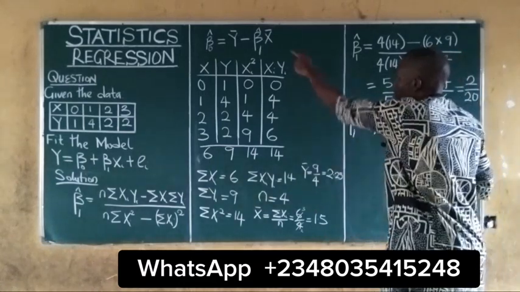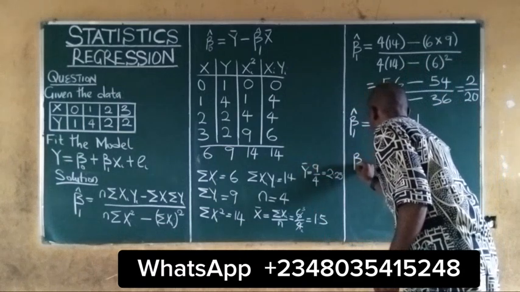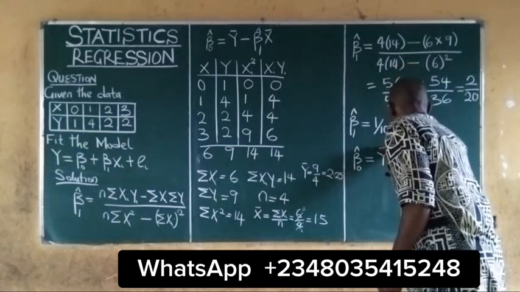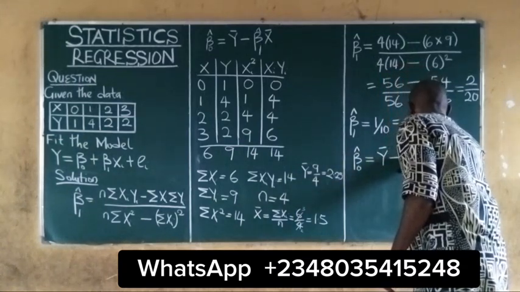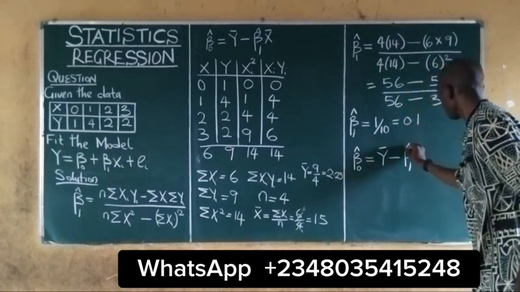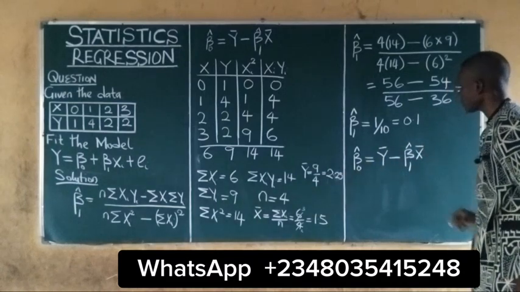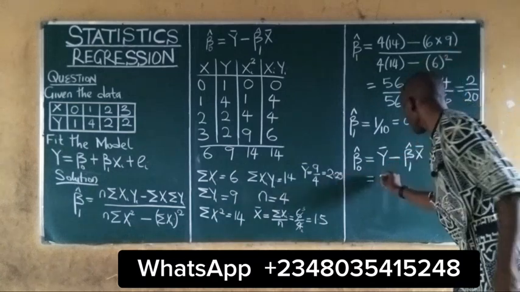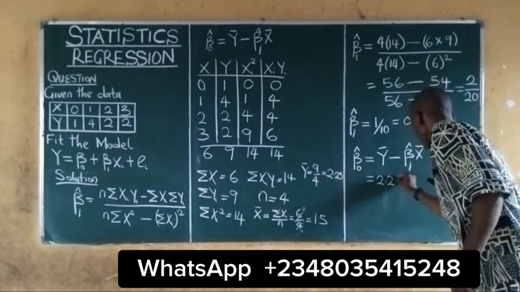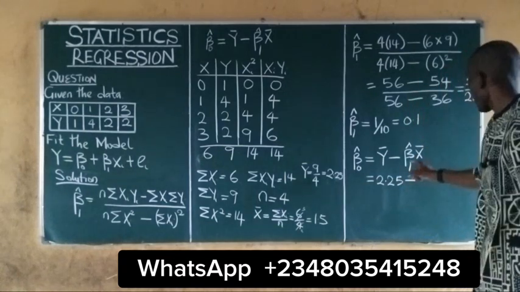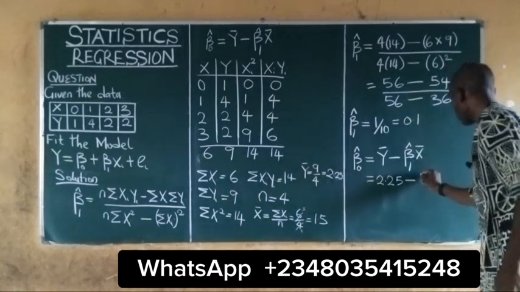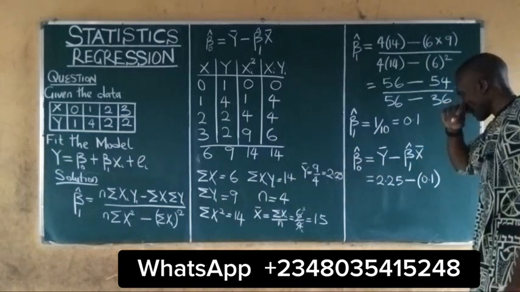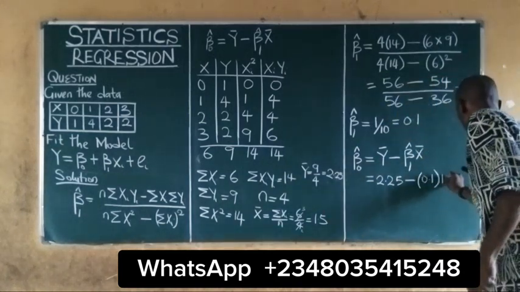We also have that our B naught is equal to y bar minus B1 estimate times x bar. We have our y bar to be 2.25 minus our B1. We've gotten B1 to be 0.1, and our x bar is 1.5.